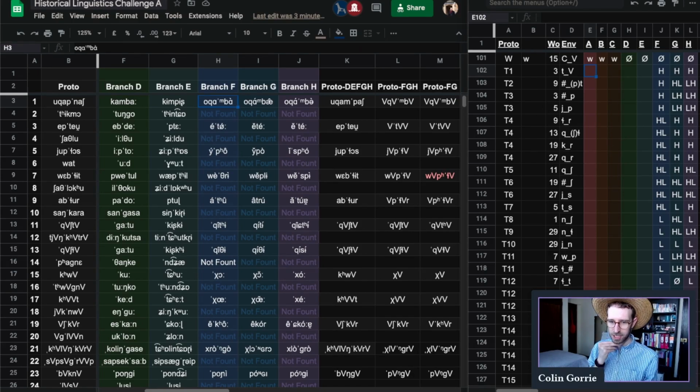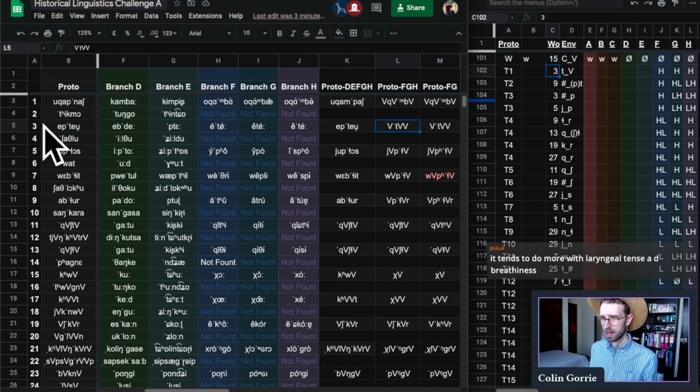So let's start with the H's and see if it corresponds with anything. These are H's in branch F. Some of these are word initial. Well, what's one where we have H's in all of them? We have high tones in word 3.